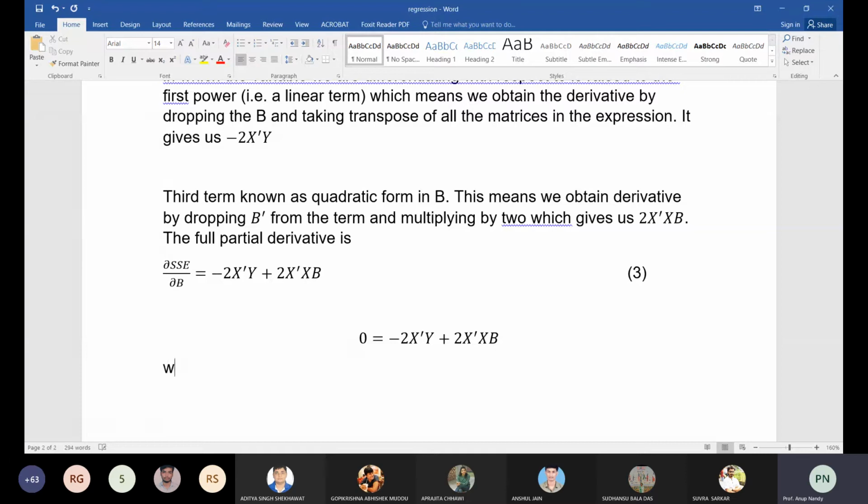So now what we have to do, we then subtract 2 x transpose xb from each side of the equation.